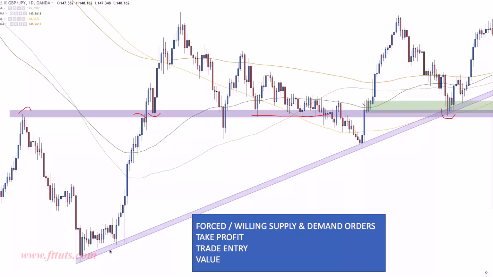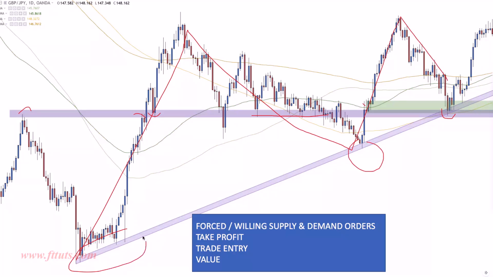You've got this diagonal area here. Traders would have been looking at that area, it comes down, bounces up. Traders are definitely looking at this area from a diagonal support and resistance perspective.